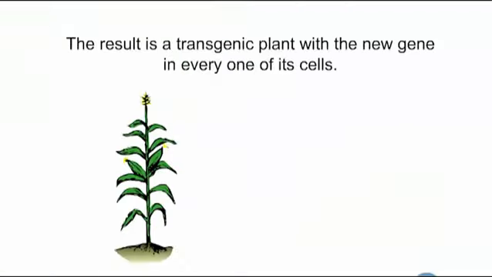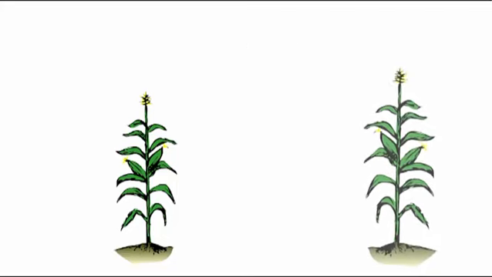So as a result of the multiplication process, we get so many cells. The result is a transgenic plant with the new gene in every one of its cells. So every cell contains the new gene and we get an entire plant.